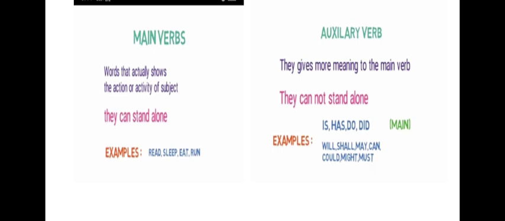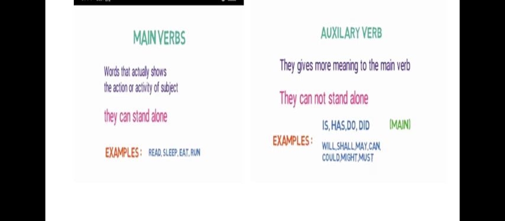Now, coming to auxiliary verbs, like I told you, what is the meaning of auxiliary? It means helping verbs. So, what do they do in a sentence? They give more meaning to the main verb. These auxiliary verbs are used to help the main verbs, to add more meaning to the main verbs.